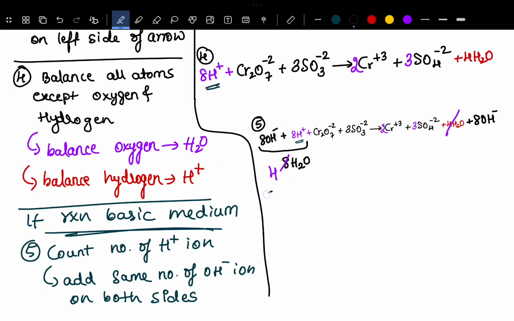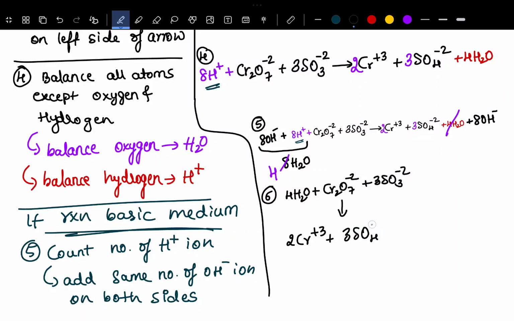If I write the final reaction here, it is 4H2O remaining on the left hand side plus Cr2O7 minus 2 plus 3SO3 minus 2, gives 2Cr plus 3 plus 3SO4 minus 2 plus, this is removed and remaining is 8OH minus.